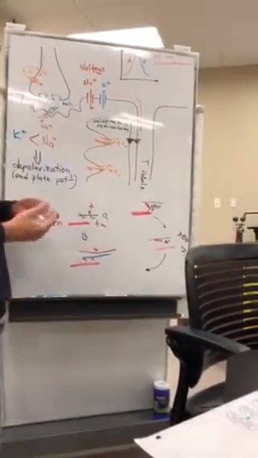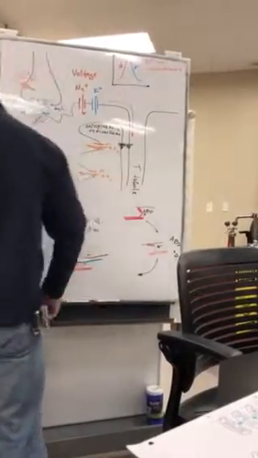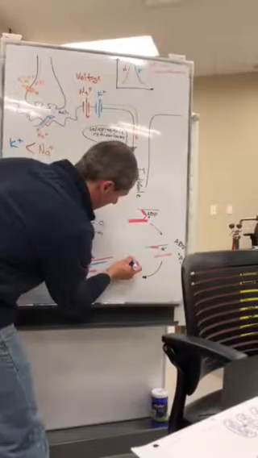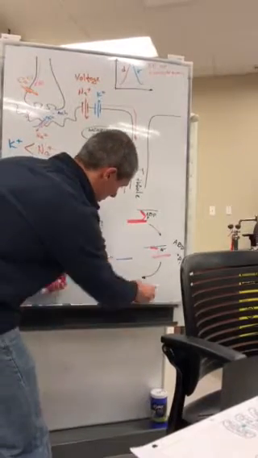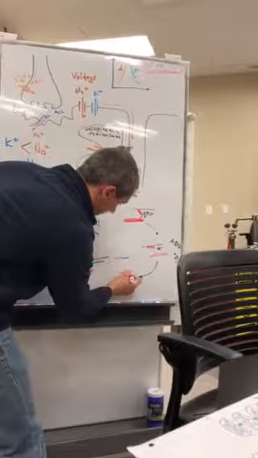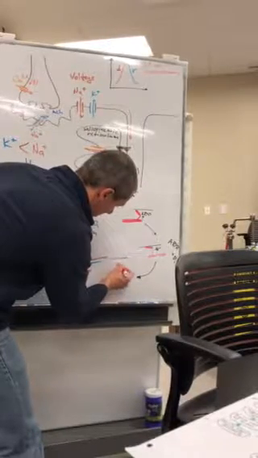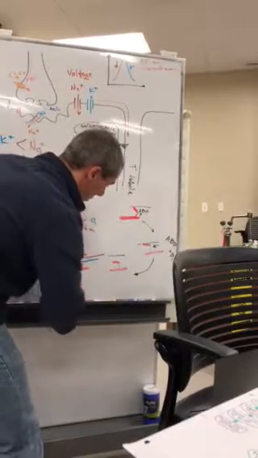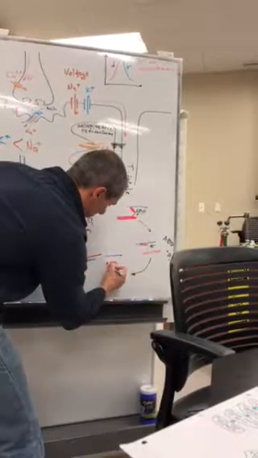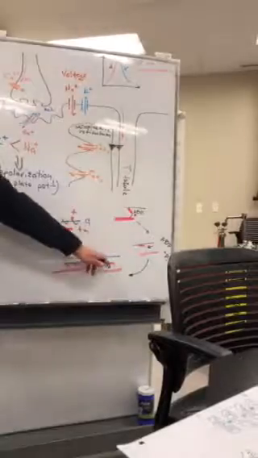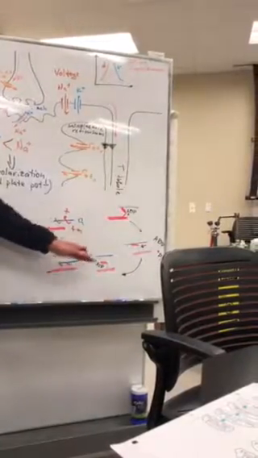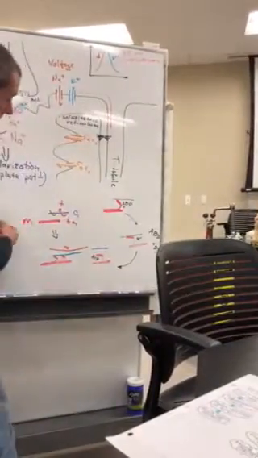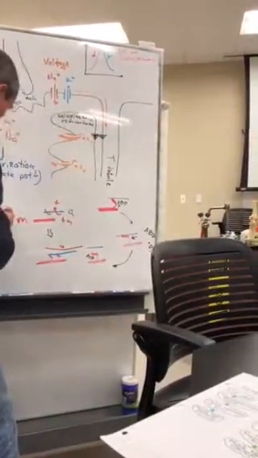Then, the next step, you need ATP to release actin from the myosin cross bridge. At this point, the myosin cross bridge is broken, dissociated, because the myosin head binds ATP.